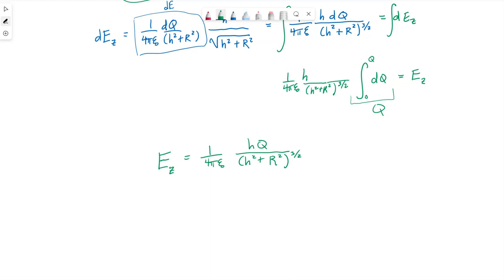This is specific, though, to a ring where the z-axis is specifically going through the exact center of the ring. And then in this equation, h is however far from the center of the ring to this point of interest. That will give us the total electric field at that point.